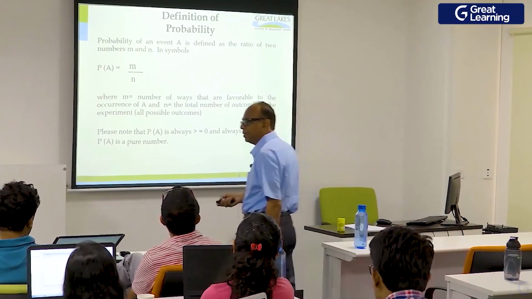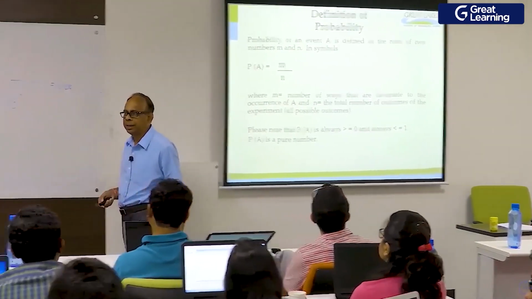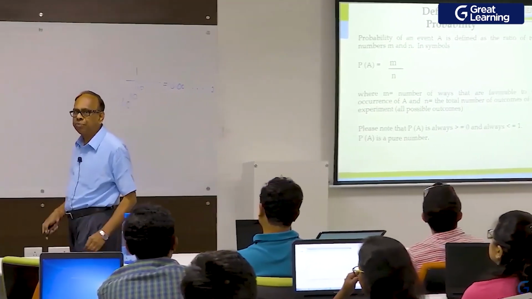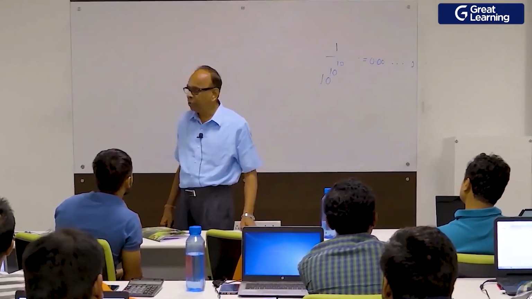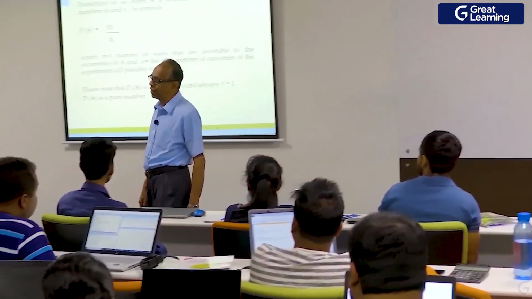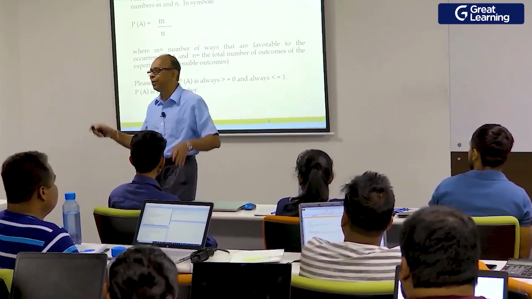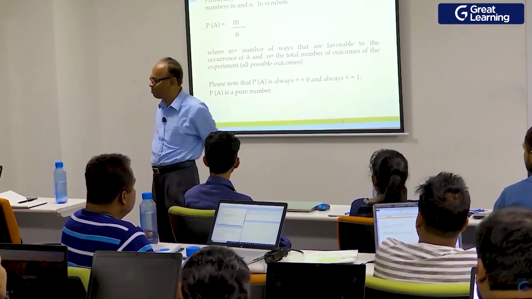What is an event? An event is any phenomenon which you observe. The process by which you observe the event is called an experiment. The set of all possible outcomes of the experiment is the sample space. That is the mathematical definition of probability.